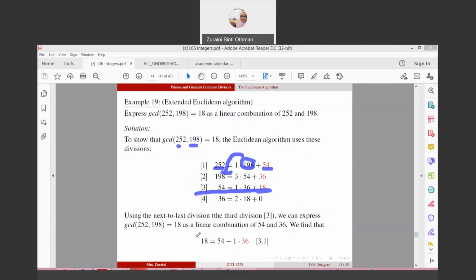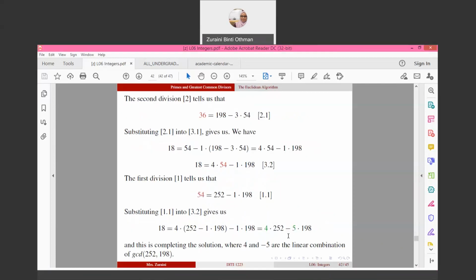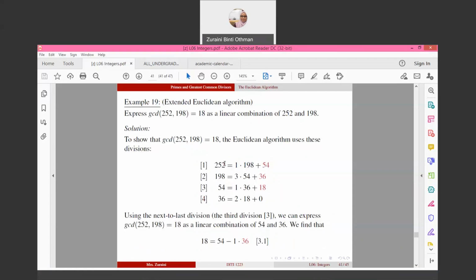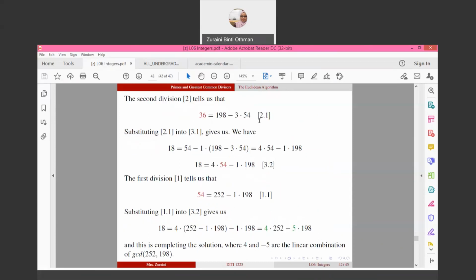Kita rearrange 18 letak dekat depan. So sekarang kita ada 36 ni. Okay, so 54 tolak 1 kali 36. Ini as equation 3.1. Okay, so the second division 36 ni, dia akan jadi, okay, kita ambil daripada 2 ni, daripada 2 ni. So kita dapat, here, as 2.1.